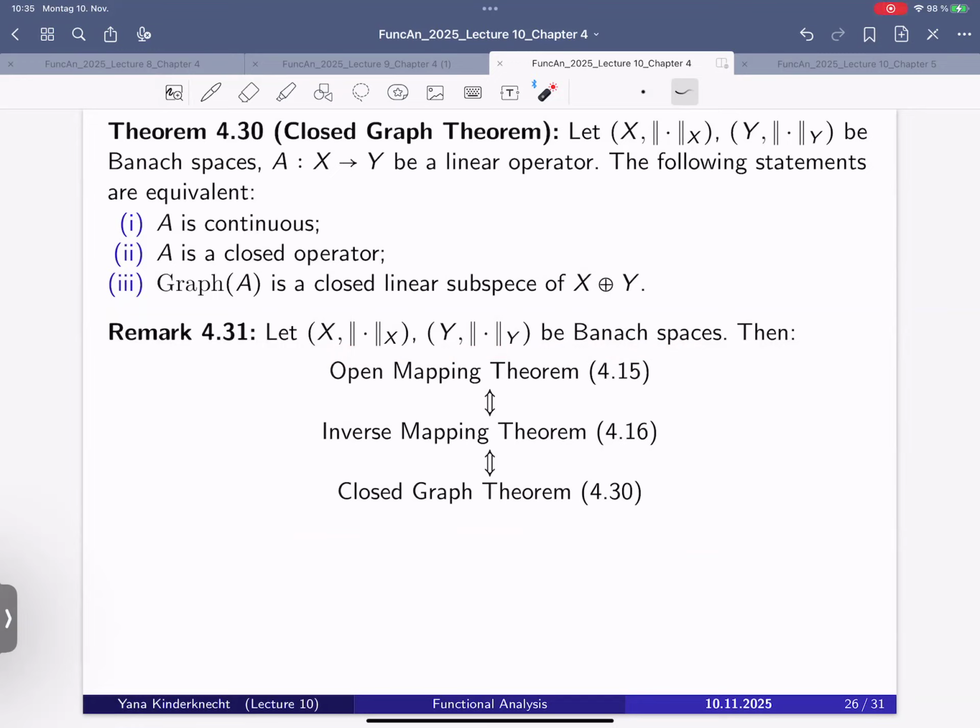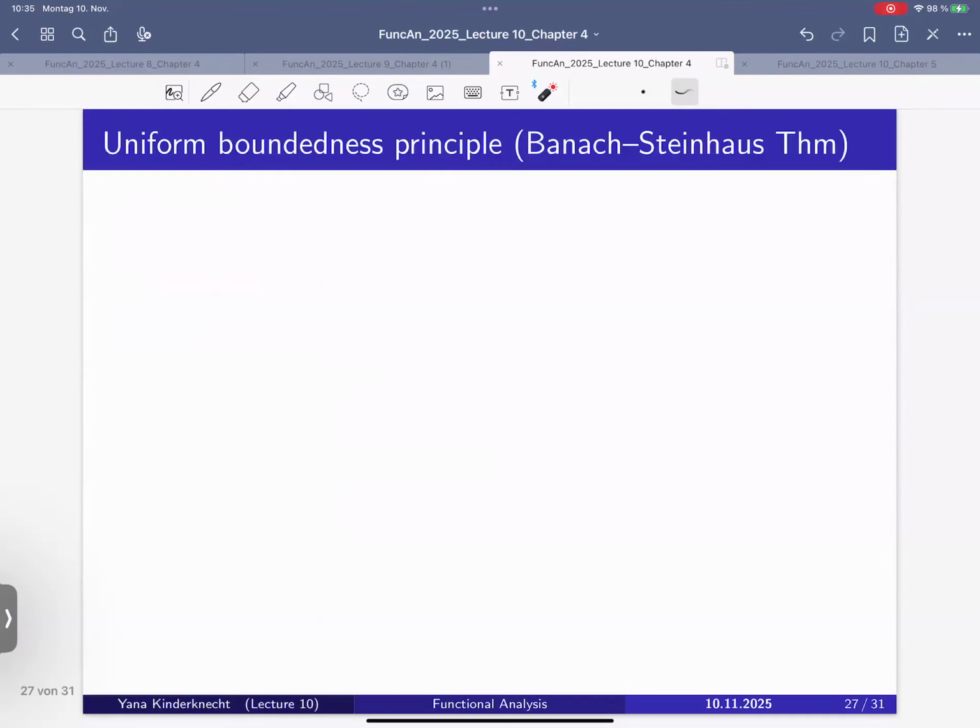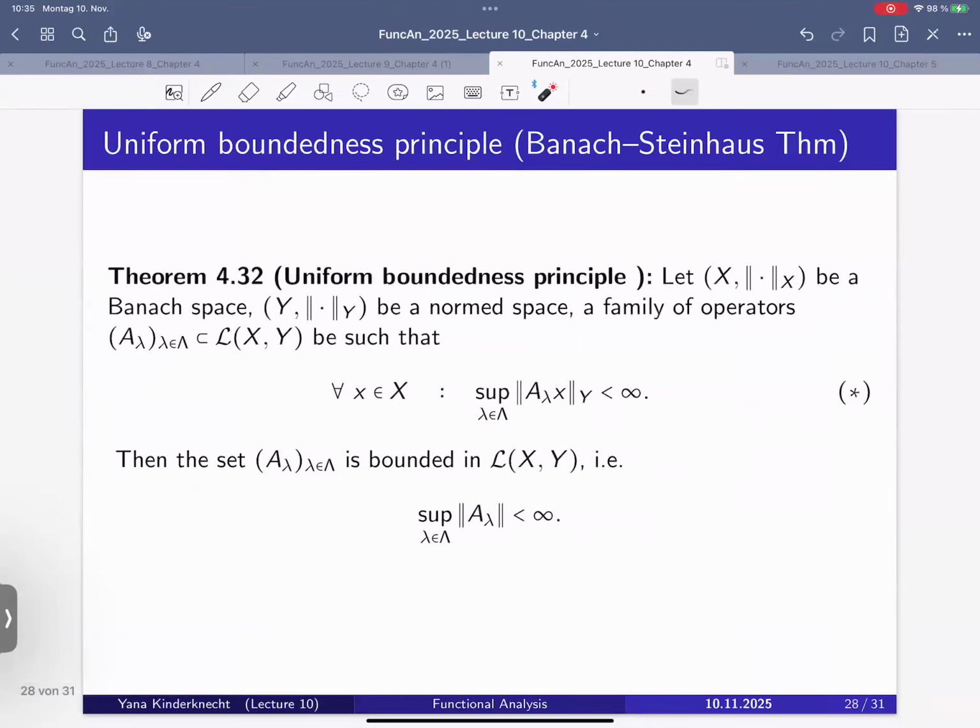So, one more important result of linear analysis, one more important theorem. This is the uniform boundedness principle, also known as the Banach-Steinhaus theorem. So let us formulate the theorem. Let X be a Banach space, and this is important. And let Y be a normed space.